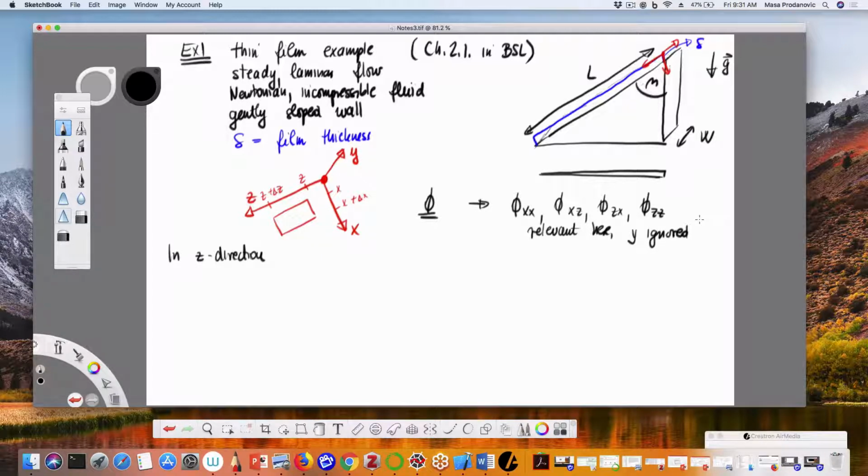Remember that tau yx was x momentum transferred in the y direction. So tau xz would be z momentum in the x direction, right? Anything that has this z at the end is what we're looking for. So the ones I'm balancing first are phi xz and phi zz. So it's z momentum.